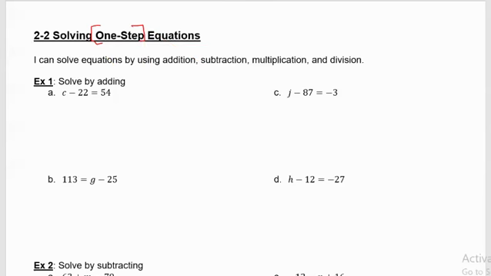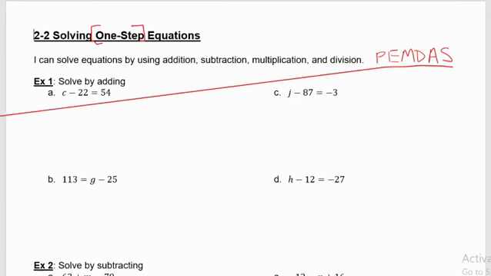Now we're kind of doing the same thing here as we do with order of operations, okay? But when we solve, we do order of operations backwards. So if we think about PEMDAS: parentheses, exponents, multiplication, division, addition, subtraction, I'm working PEMDAS backwards.